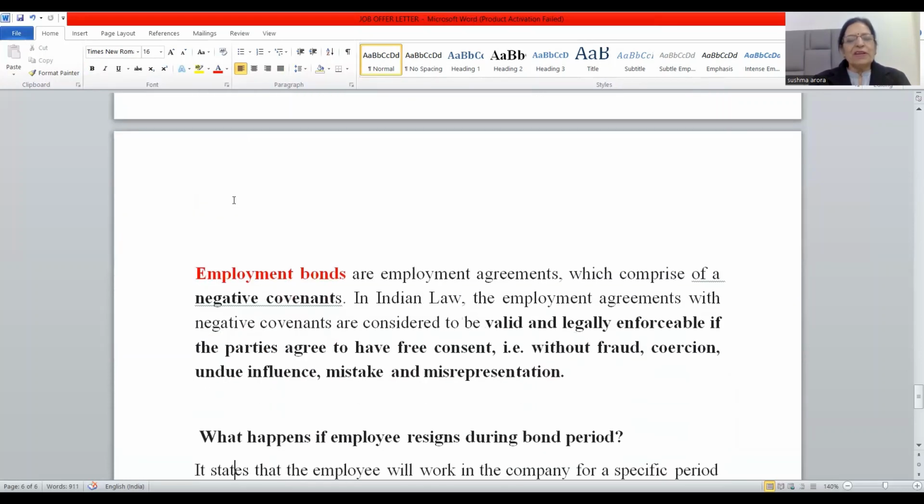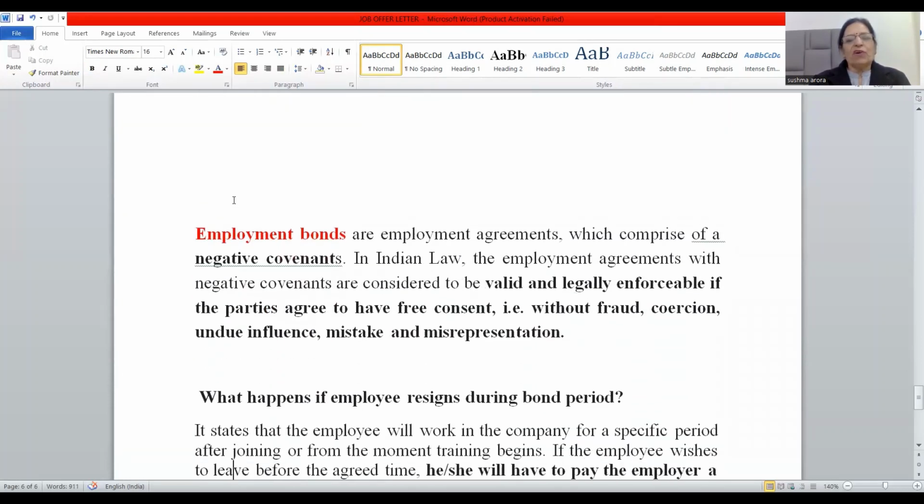Then what is the meaning of employment bonds or agreements? Sometimes, friends, what happens when the employee joins the company? Then a lot of training is given to the employee. A lot of expenditure is incurred in order to provide training to the employee.